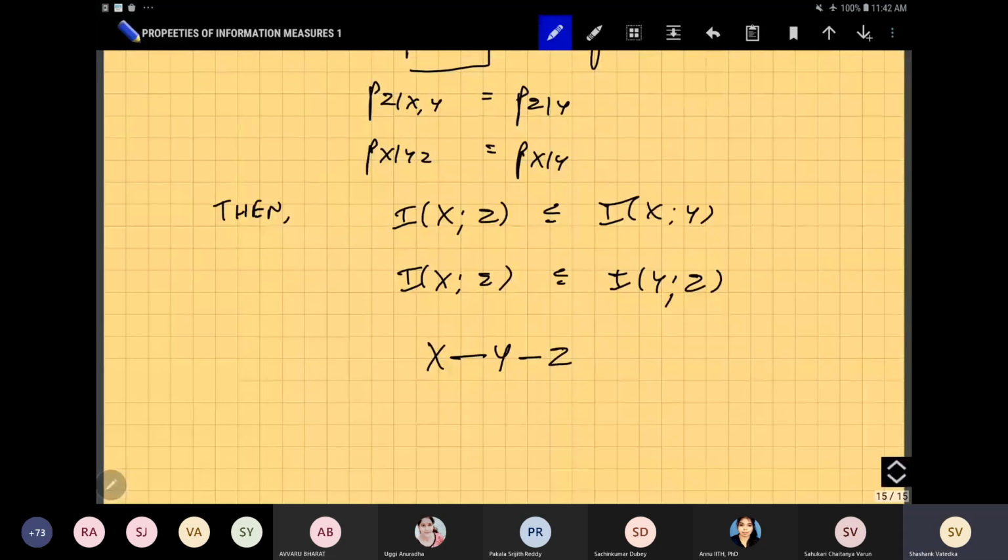And similarly, if you do some sort of pre-processing at the input, so if Z is the input and Y is the output, then the amount of information that X gives about Z can be no larger than the information that Y gives about Z. All right.